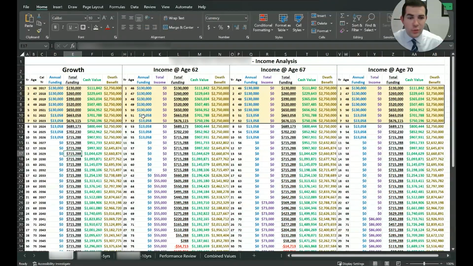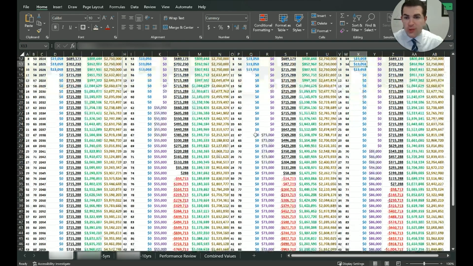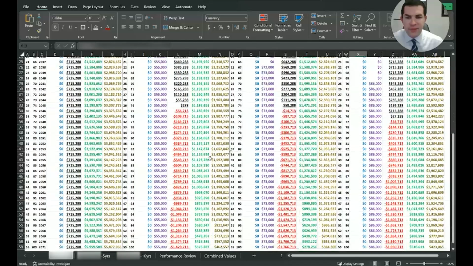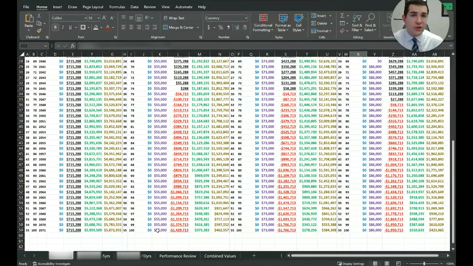And then to the right, we've got the different income illustrations. So per our discussion, we put together illustrations displaying income starting at age 62, 67, and also age 70. So what I solved for here was just really a level income amount. I rounded numbers down a bit just to shoot things more conservative, but a level income stream through age 100.